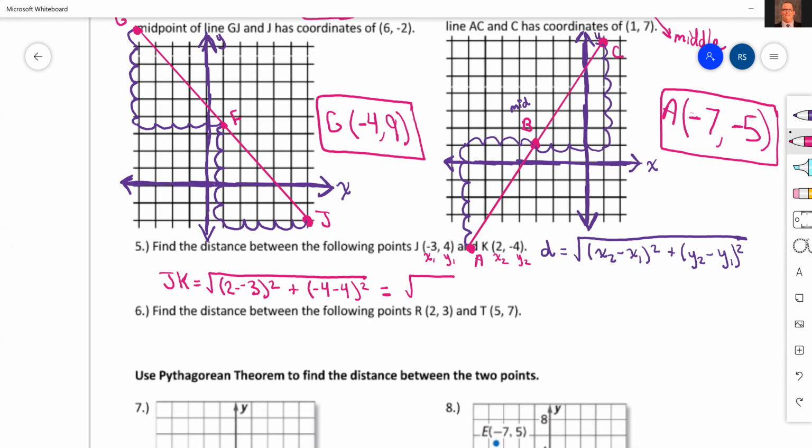You should get the square root of 89. Which, if we round to the nearest tenth, they don't tell us to, but that's what we've been doing. The nearest tenth would be 9.4. There's our distance.